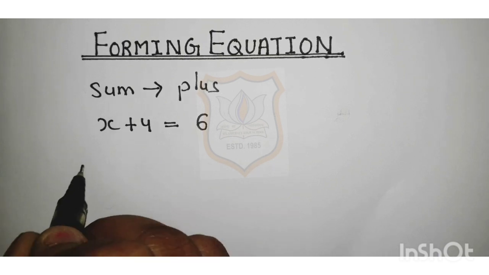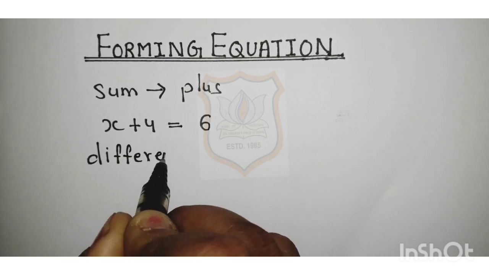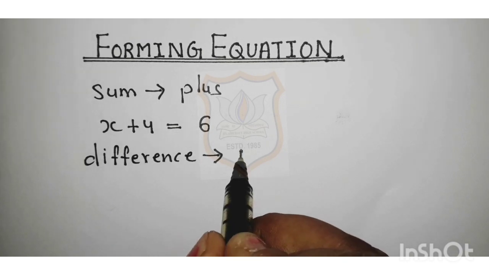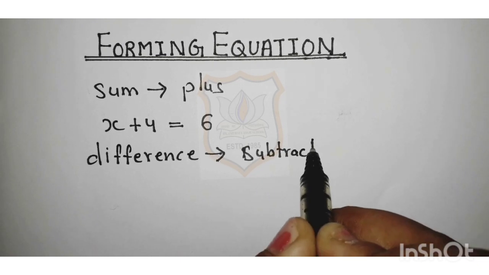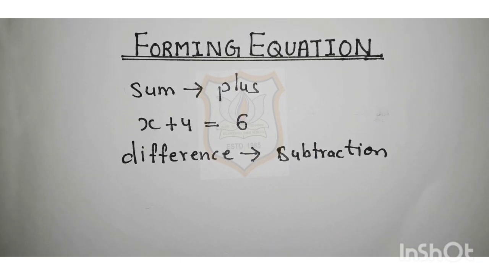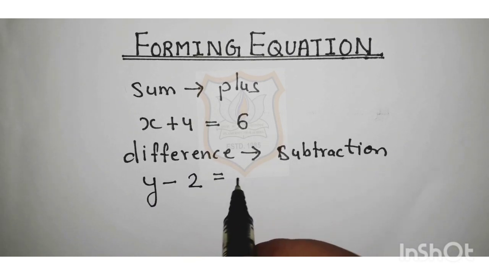Similarly, difference is given, which means minus or subtraction. If it is given that the difference between y and 2 is 8, this is a statement, then the equation we write is y minus 2 is equal to 8.